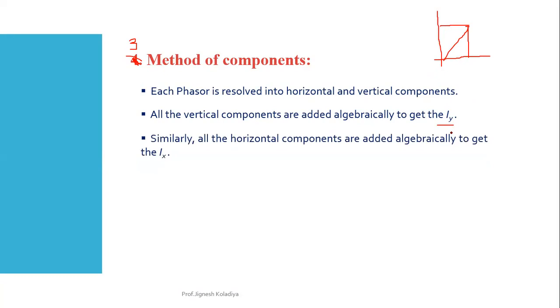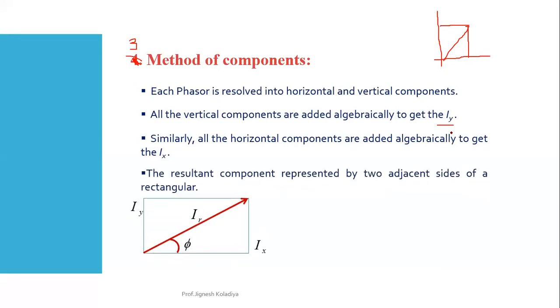Similarly, all the horizontal components are added and you will get the resultant Ix. Okay. So this is my resultant Iy and resultant Ix. And if you add like this, you will get your resultant current.